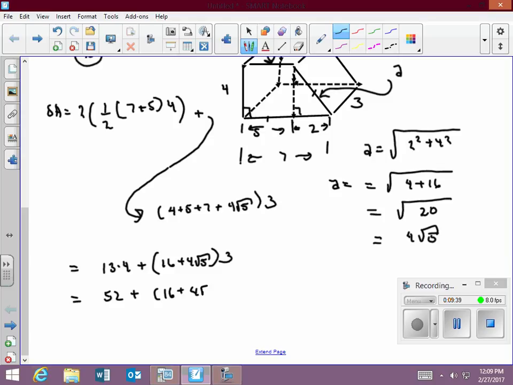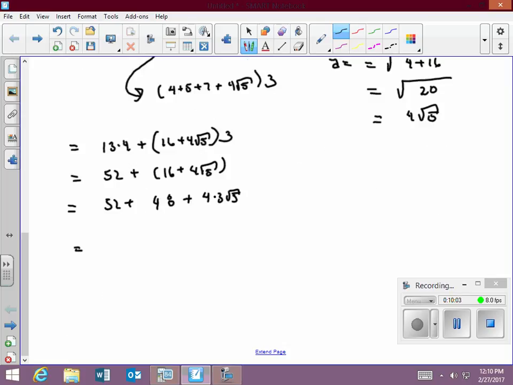And at that point, I guess we could distribute the 3, so it's going to be 52 plus 48 plus 4 times 3 times the square root of 5. That's 100. 12 square root of 5. So we could put that in our calculator and figure it out. I think the book actually figures it out.